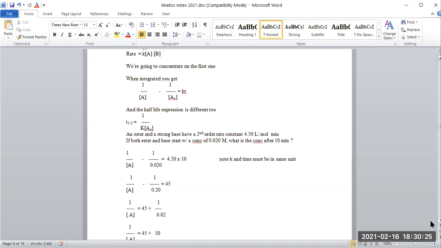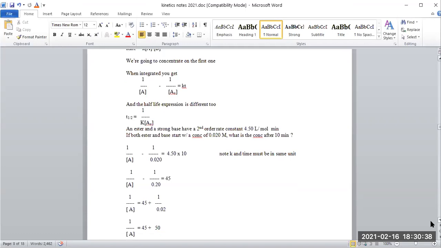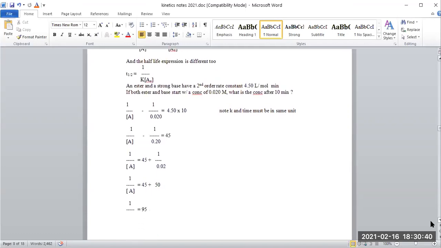I'm going to move my 1 over A0 to the opposite side of the equal. So that means add it to that side, because you're adding to both sides to get rid of it. Again, rules of algebra. So 45 plus 1 over 0.02. 1 over 0.02 is 50.